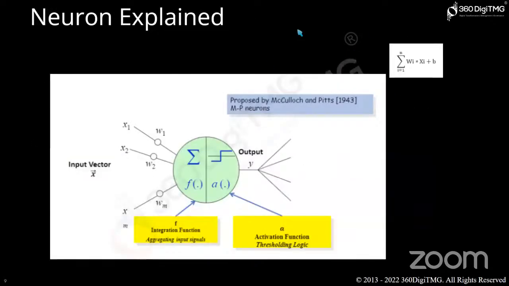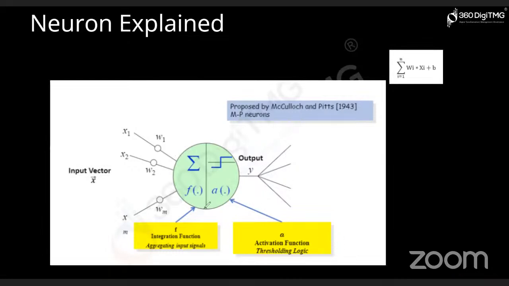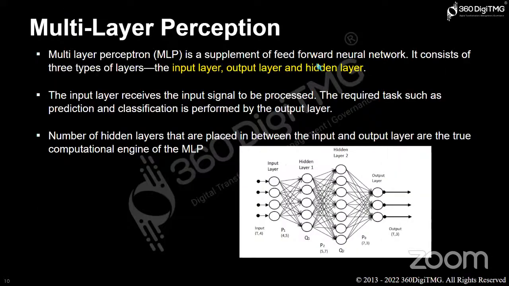This is just a single perceptron, but we can also have multiple layers lying in between inputs and output. If we have multiple layers, that is known as a multi-layer perceptron. A multi-layer perceptron is a supplement of the feed-forward neural network.